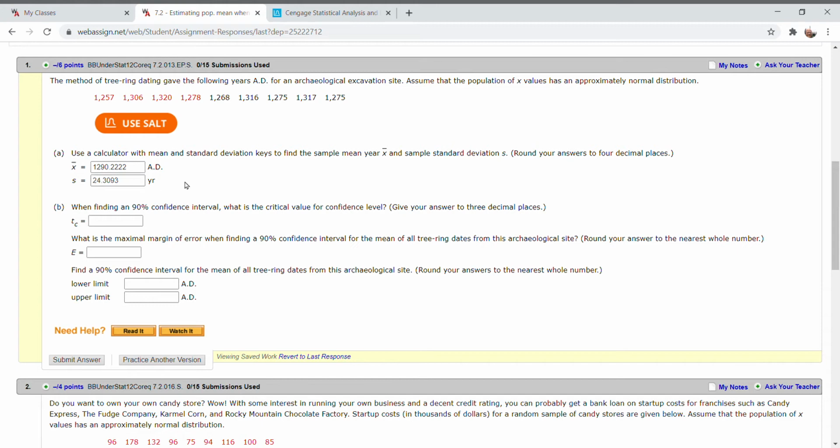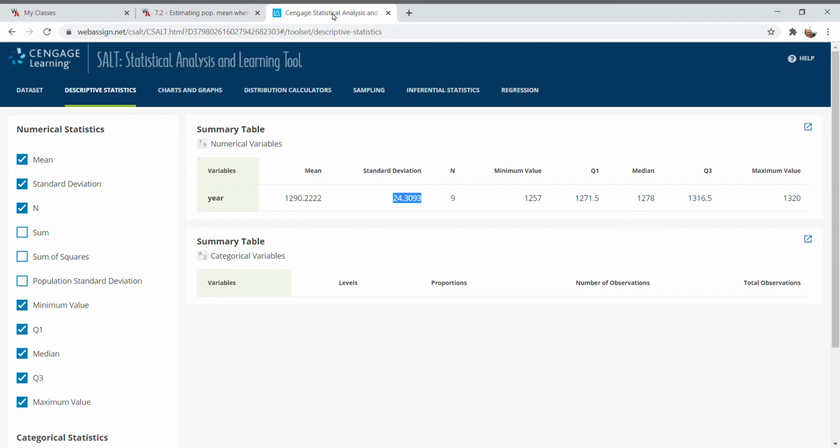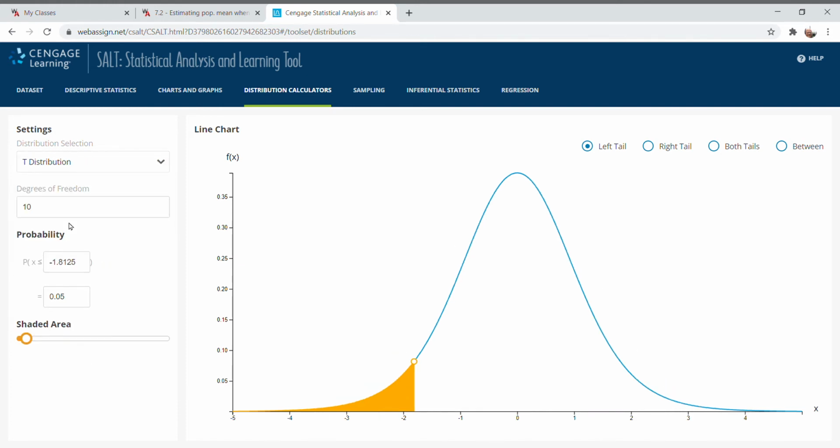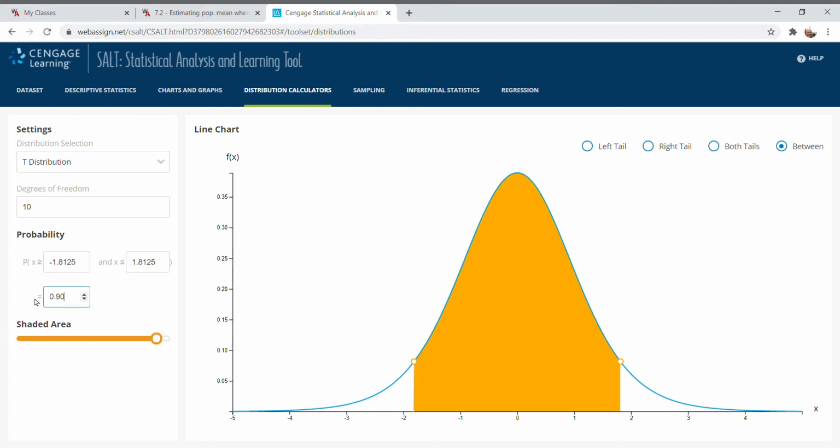All right. The T cutoff, it's important to know your sample size. In this case, it's 9. To get a T cutoff on SALT, we're going to go to Distribution Calculator. From the drop-down menu, select T Distribution. Make sure that between, since we're doing a confidence interval, we need, in this problem, the 90% in the middle.